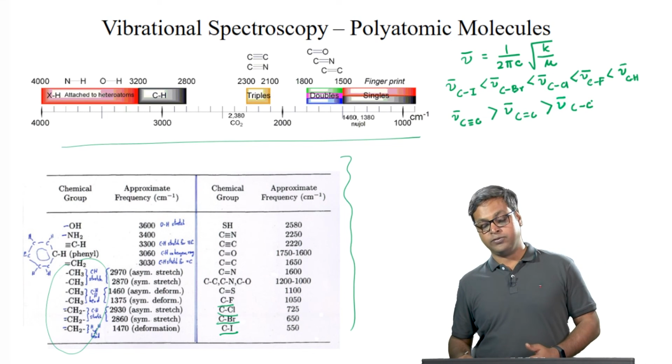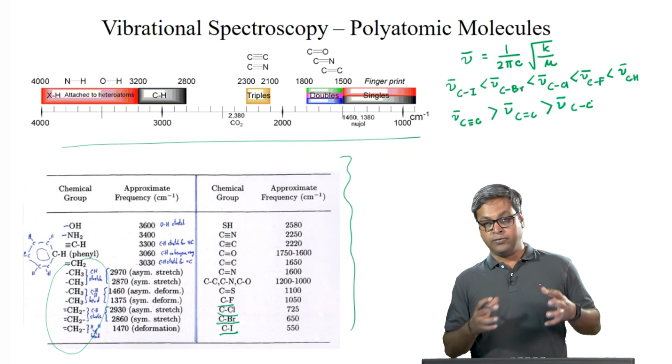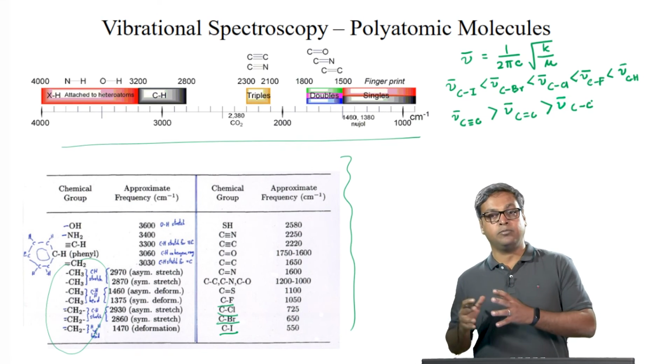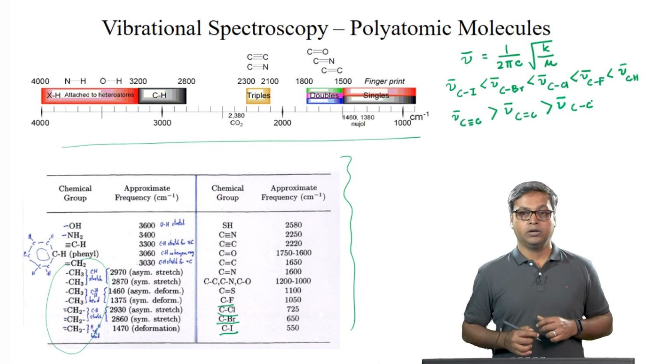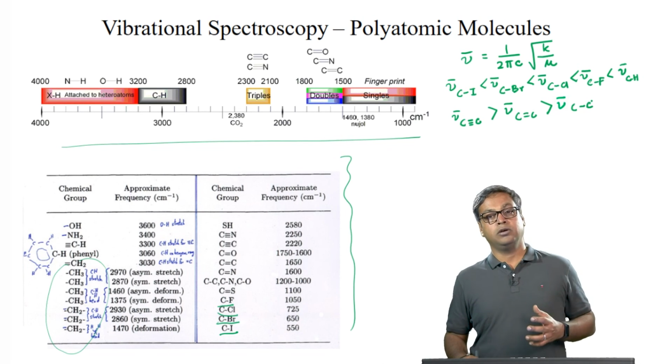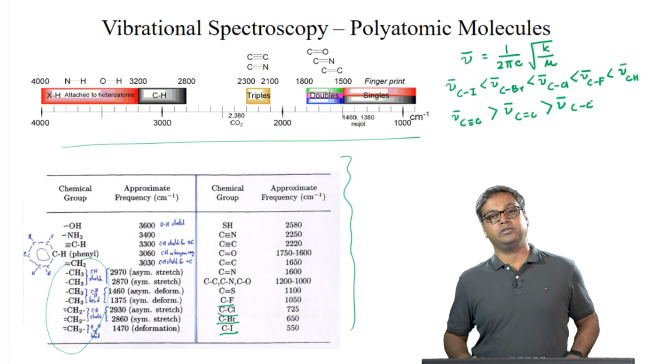For example, we can have C triple bond N, the frequency will be greater than C double bond N frequency, which will be greater than C single bond N frequency. So, we can see thus increasing bond orders would lead to higher frequencies.